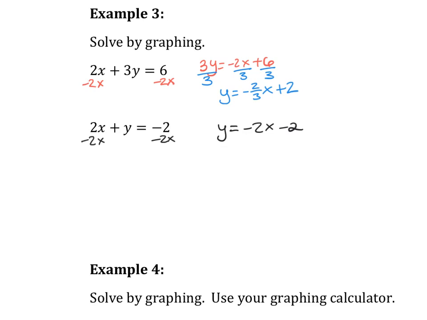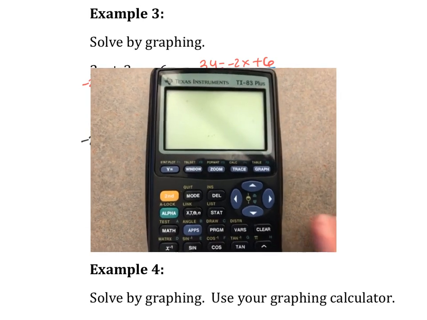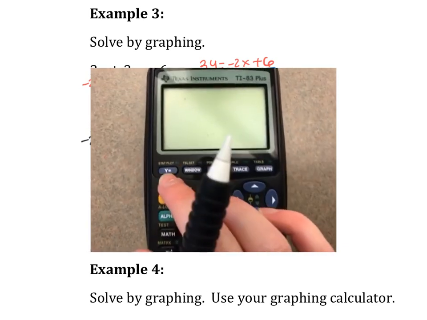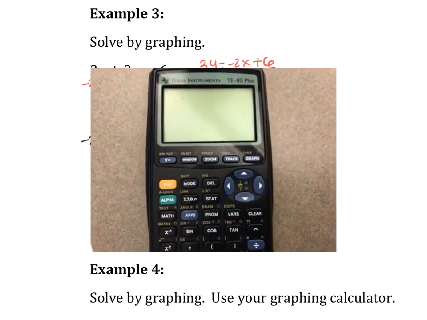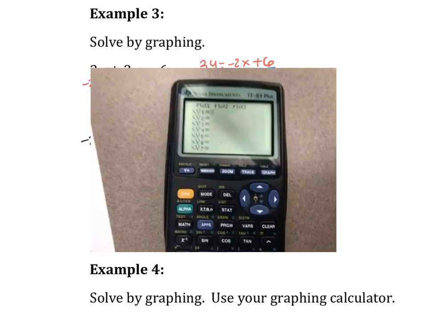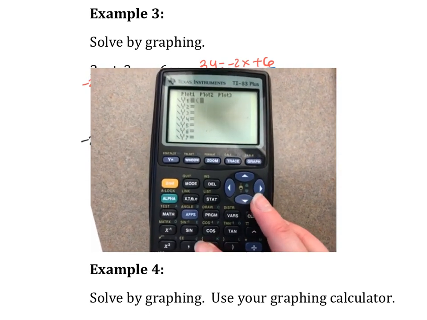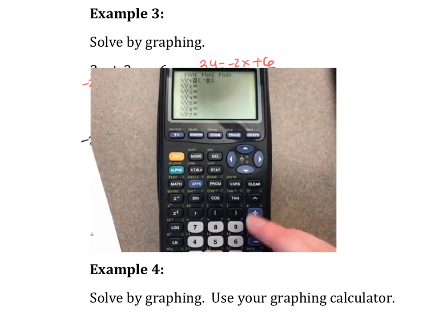so that's my calculator. So when you have your calculator, you're going to turn it on and then hit the y equals button. You're going to type your first equation into y1. So in this case, we do have a fraction, so you want to make sure fractions are in parentheses. So parentheses negative 2 divided by 3.